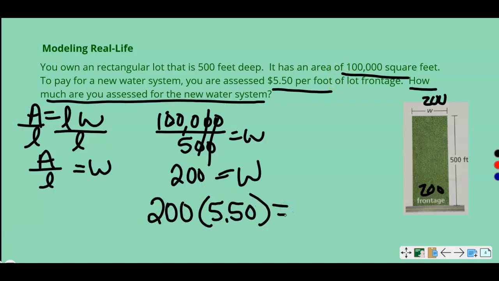So 200 times $5.50 is going to be $1,100. All right, hope you can read that. That does say $1,100. All right, so I rewrote that to make it a little nicer. So you are assessed $1,100 for your new water system.